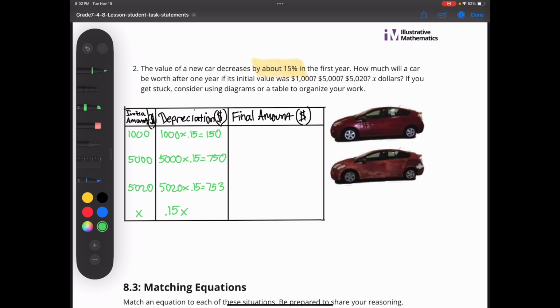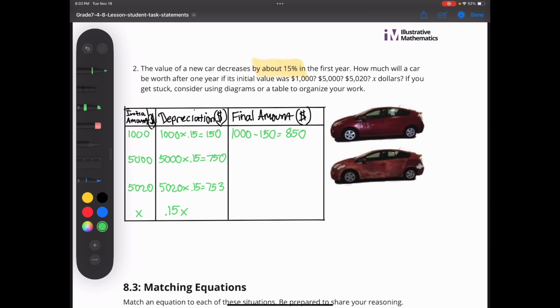So our final amount is whatever the item was worth to begin with, minus depreciation. So 1,000 minus 150 is $850. The item would be worth $850 after a year, after depreciating 15%.